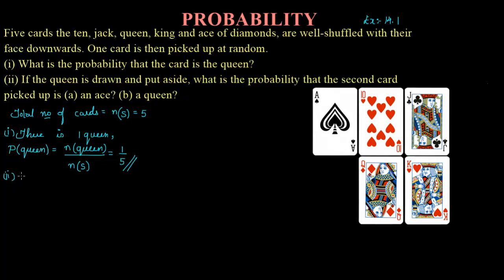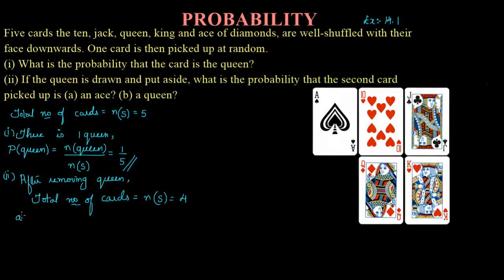Let me write that: after removing the queen, total number of cards, n(S), has become 4. And if the queen has been removed, then there is no queen. What is the probability that the second card picked up is an ace?